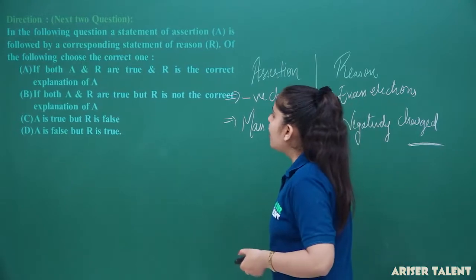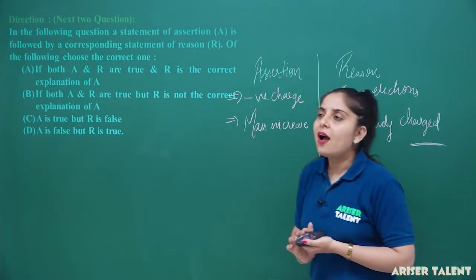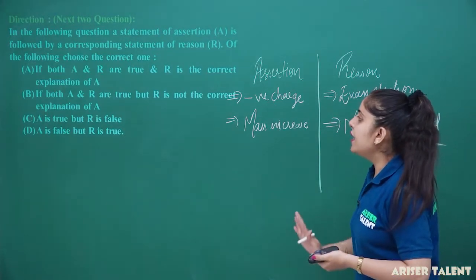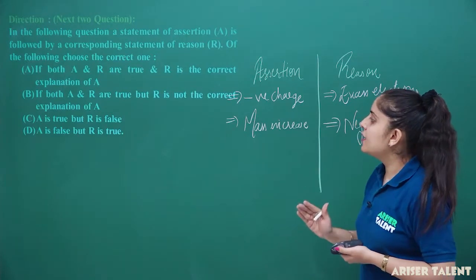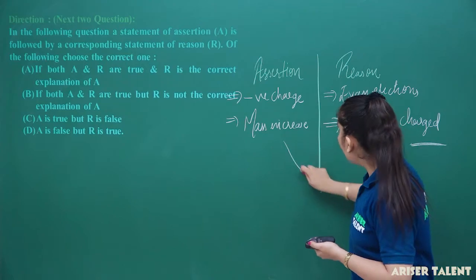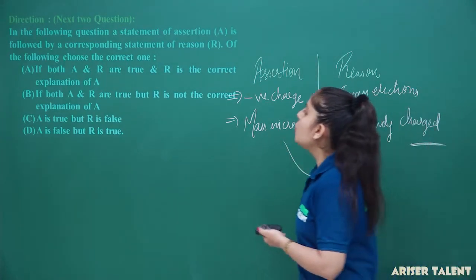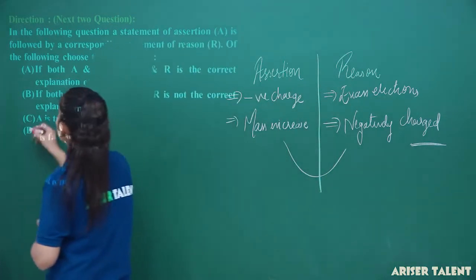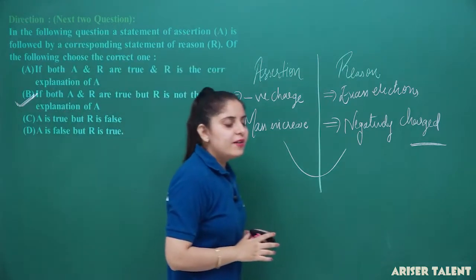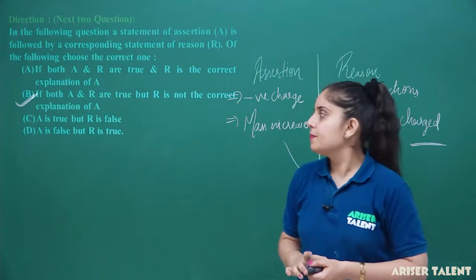Both A and R are true, and R is the correct explanation of A. A and R are true, but R is not a correct explanation of A. A is true, but R is false. A is false, but R is true. So, which is the correct statement here? Both are true, but it is not the correct explanation for the assertion. So, the correct option here is option B: both assertion and reason are true, but R is not a correct explanation for the first one.